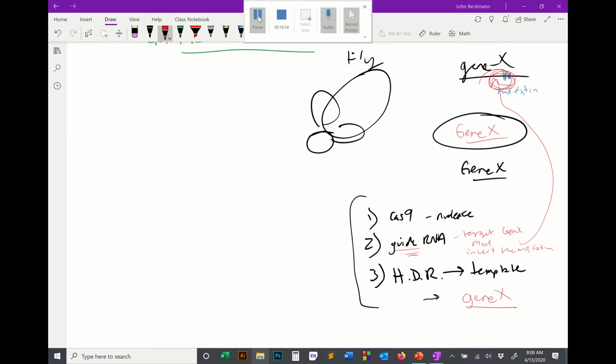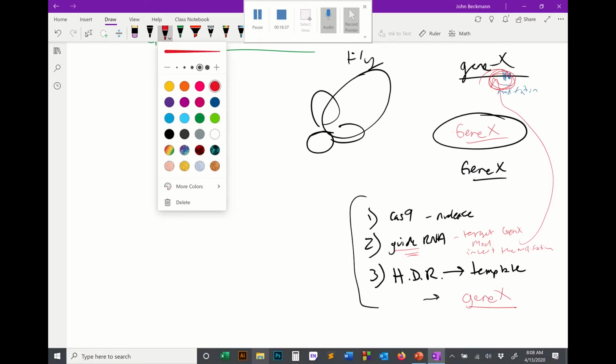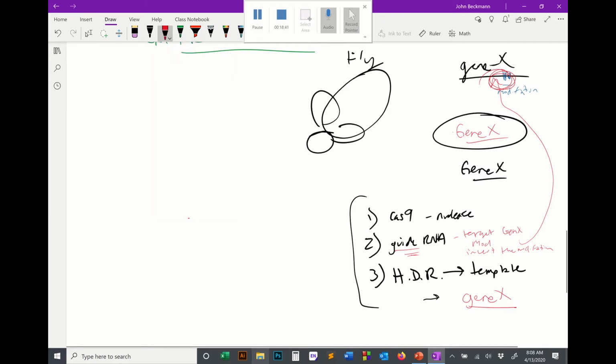Okay. So that's the first thing we need in our genetic circuit: we need to put in an ORF that is our guide RNA, with a promoter that targets this little region right here. Let's say that's the targeting region. This region targets gene X, where we want to modify, right there.